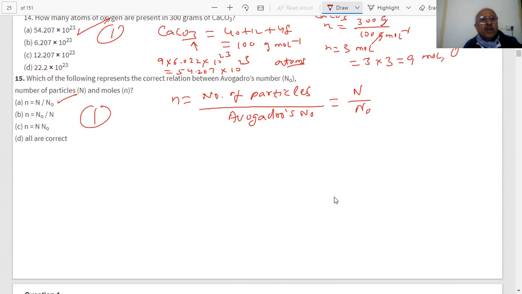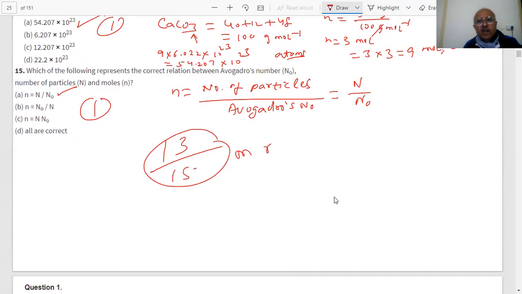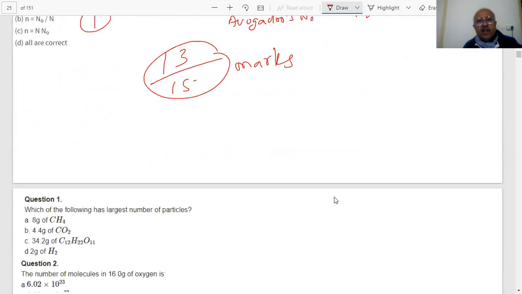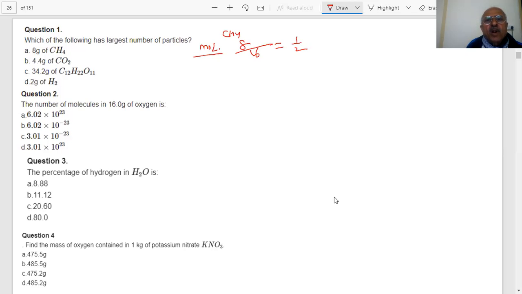Till now, student, you scored 13 out of 15 marks. Next question on the screen, student. Which of the following has the largest number of particles? Sir, D part, 2 gram of H2. If we find the moles, that will be enough because Avogadro number is the same for all. 8 for CH4, 8 divided by 16 will be how much? 1 by 2 mole.